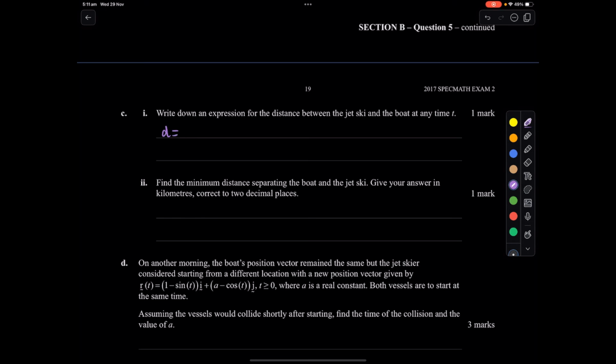This is an expression for distance. So let's write that down. So distance is going to be, it's a very long expression actually, but it'll be 3 cos squared t plus 2 minus 2 sine t, and it'll be plus cos t, 2 minus 2 sine t, plus 2 sine t plus 3.